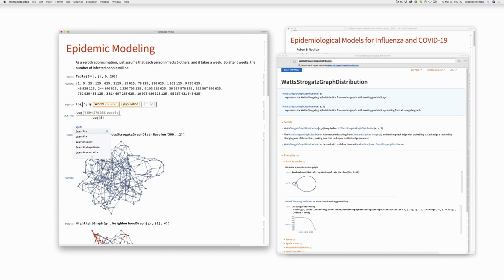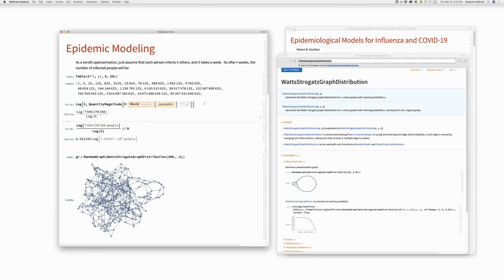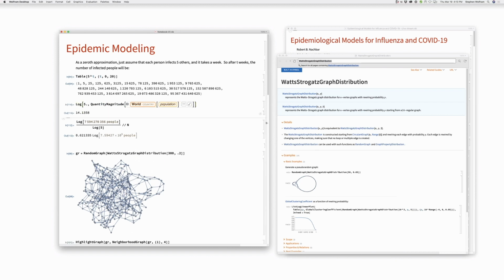You can just say N of that, I think, and it will work actually. Okay. But it'll be in log people or something. Okay, never mind. We need to just say quantity, magnitude. Okay, N of that, since I don't think we really need the precise value. So that would say it would take 14 weeks.